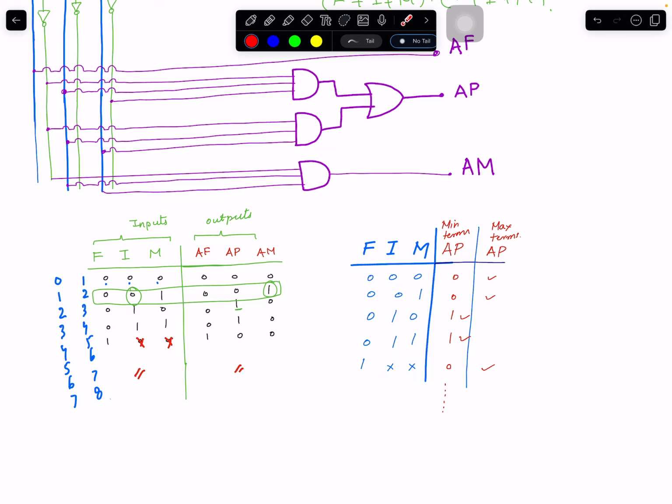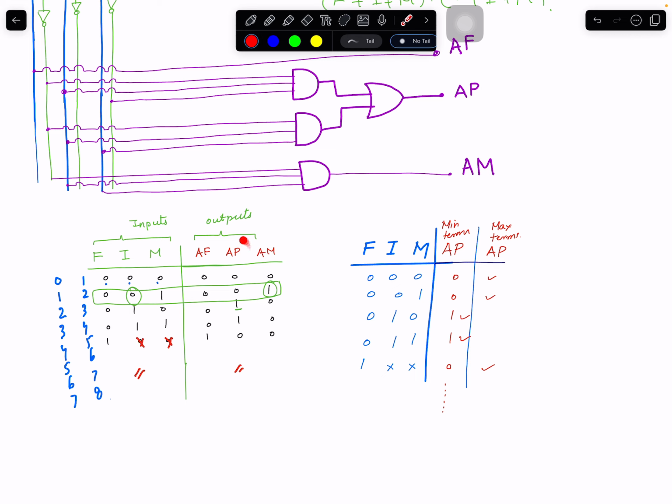So based on certain combinations, we turn certain signals high. So the alarm goes on when the fire alarm is 1. Then the others don't matter, it doesn't matter what their value is.